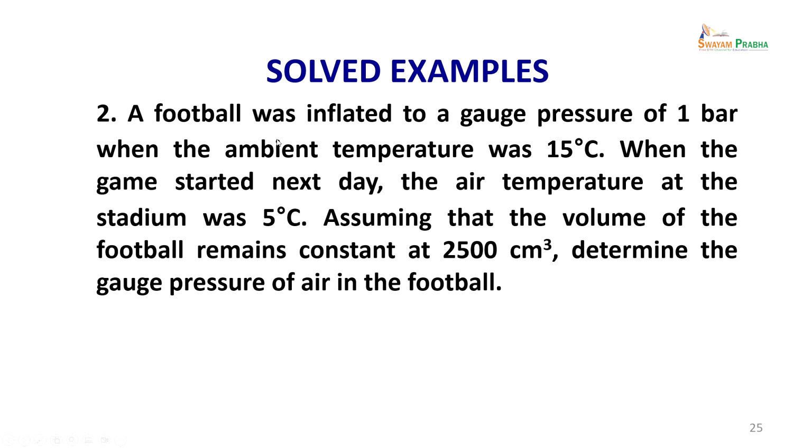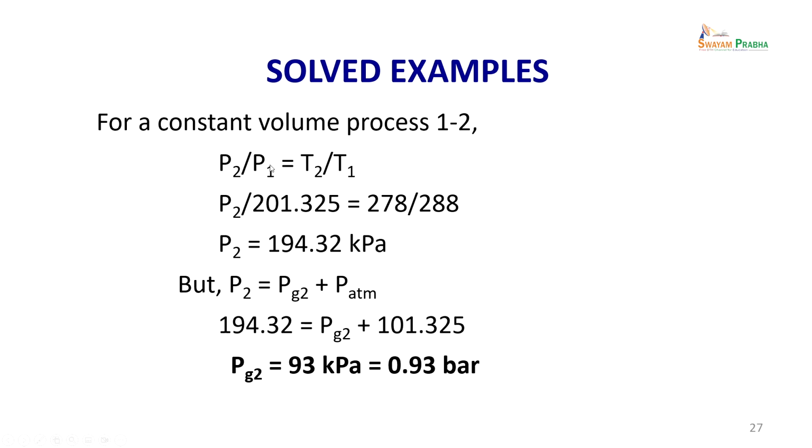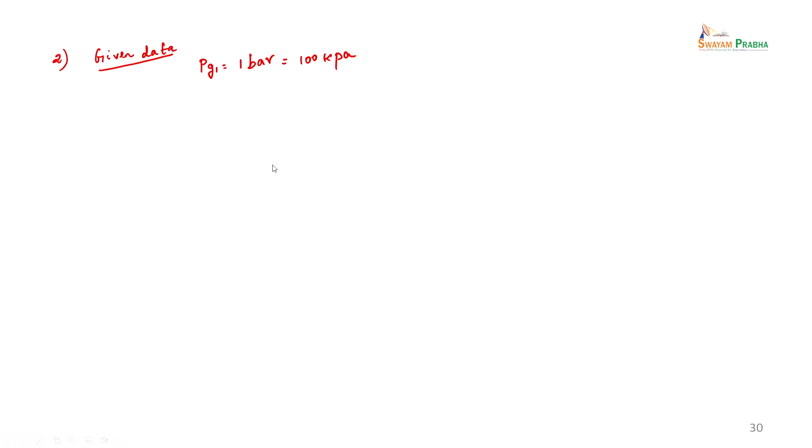Temperature 1 is given as 15 degrees centigrade. So, T1, the ambient temperature, is 15 degrees centigrade. Convert this temperature from centigrade into Kelvin by adding 273. So, 15 plus 273 is 288 Kelvin.